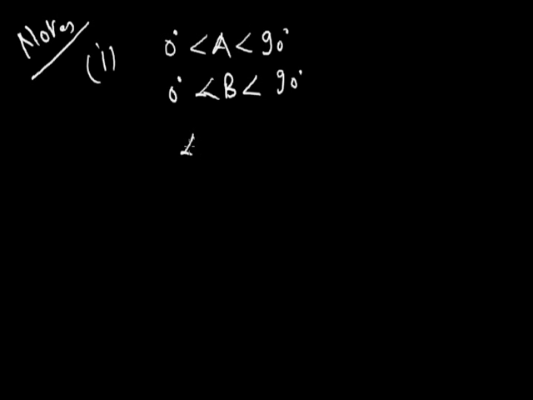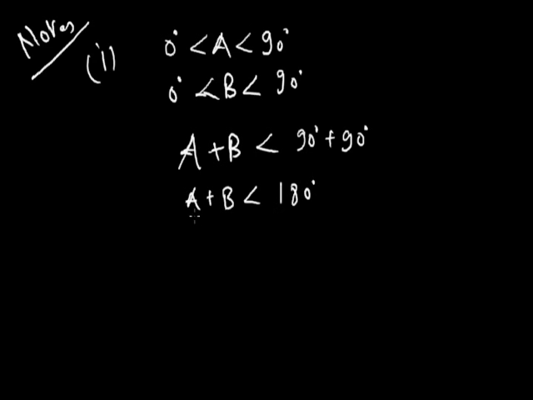So angle A plus angle B is less than 90 degree plus 90 degree, meaning angle A plus angle B is less than 180 degree. So they can't form a pair of supplementary angles. So two acute angles can never form a pair of supplementary angles.